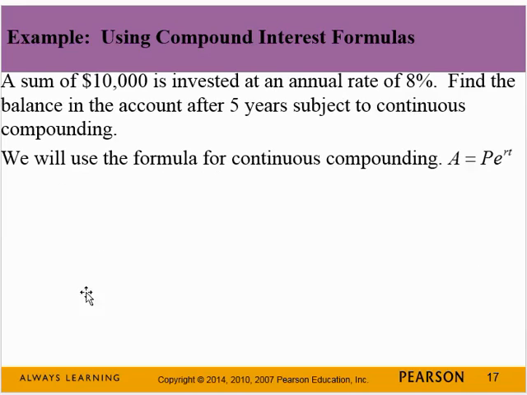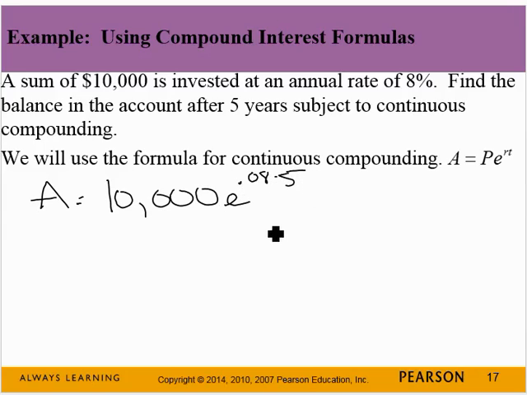So we're going to use the same information, but this time we're going to use continuous compounding. So we're still looking for A, and we still invested our $10,000, times e to the rate, 0.08, times our 5. I'm going to simplify it quickly, so it should be e to the 0.4.